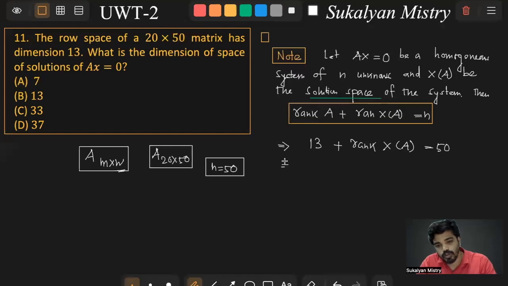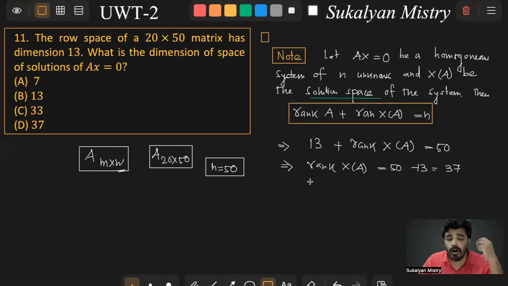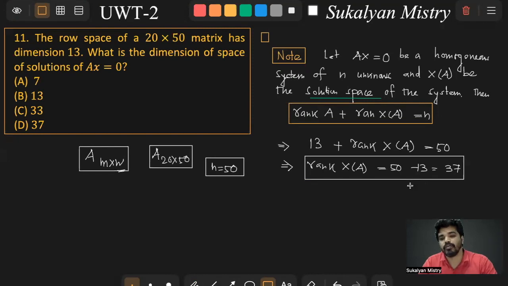So rank of XA is 50 minus 13, that is 37. That means the dimension of the solution space of the homogeneous system AX is equal to 0 is 37. Here XA denotes this solution space. So it is a very, very important example. Clear?